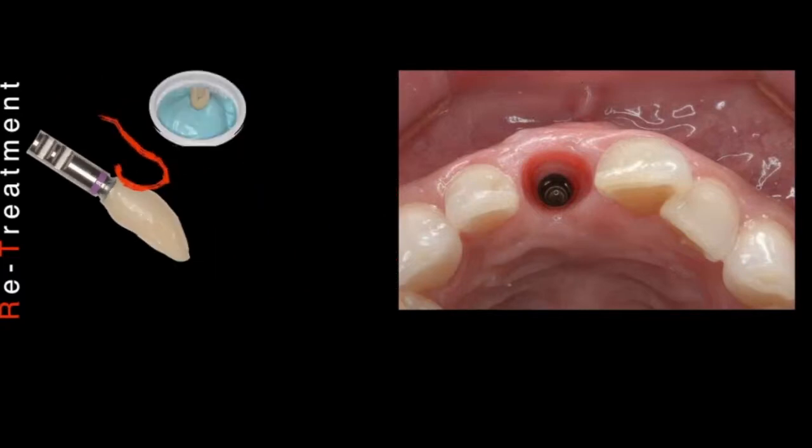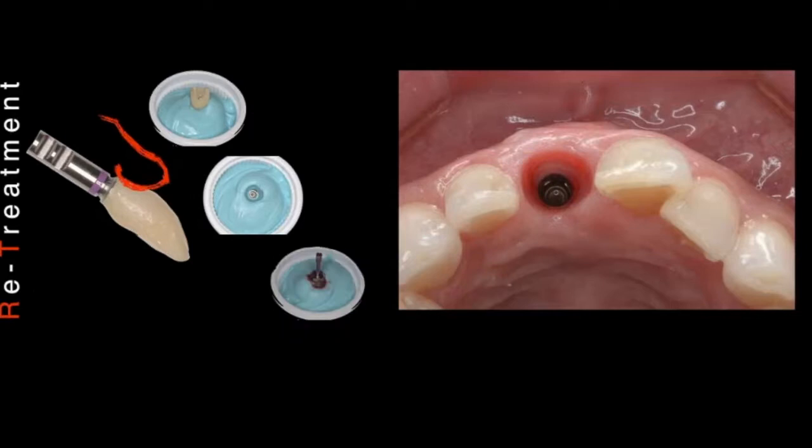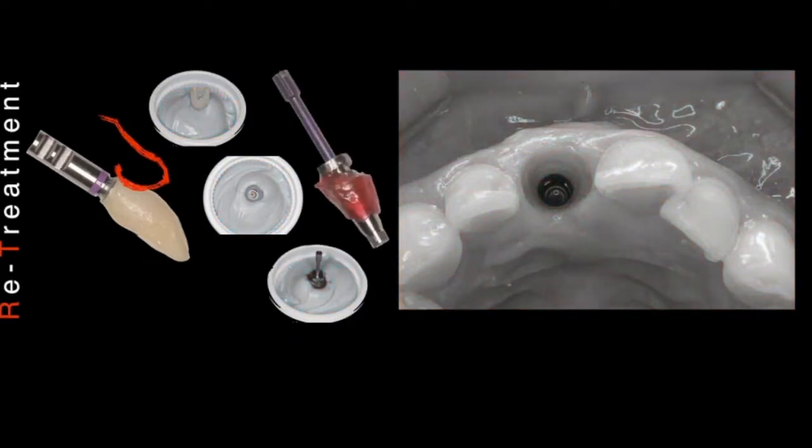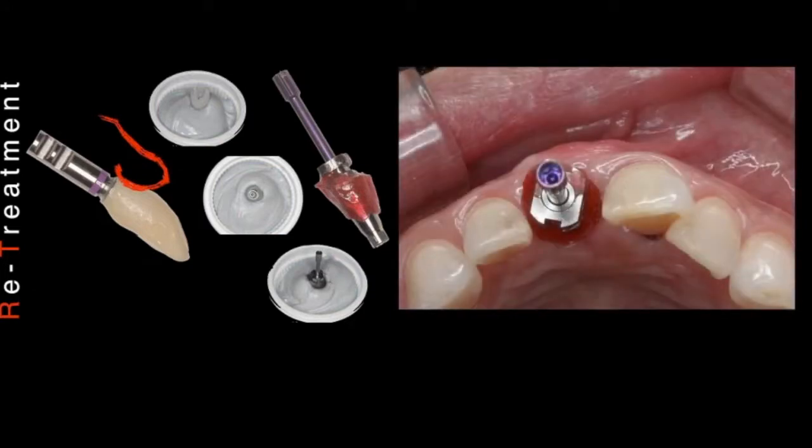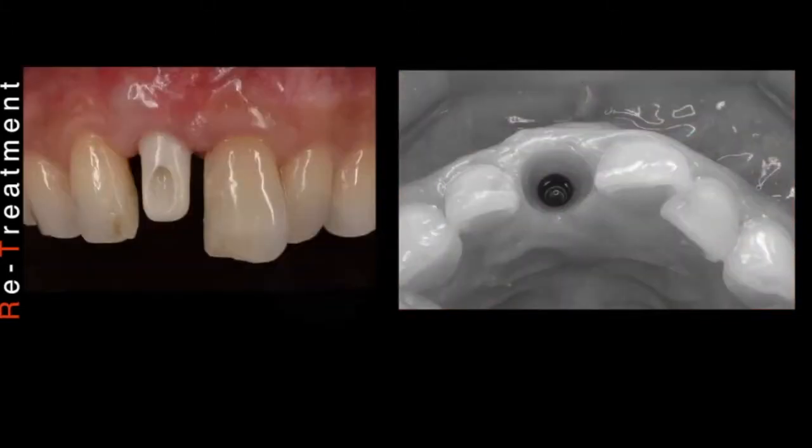From here, what was done is a copy of that ideal temporary, and a customized impression coping was picked up from that impression with some GC resin. So when you take your final impression, you can capture exactly the anatomy that you have created with your provisional restoration.